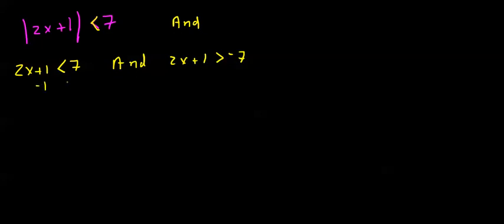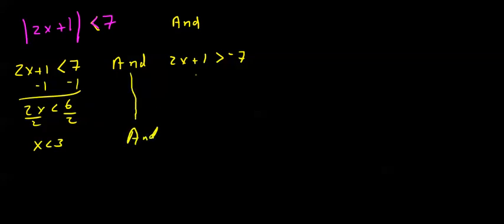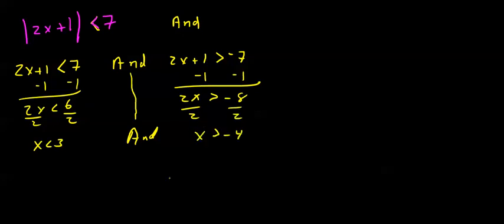So minus 1, 2x less than 6, divide by 2, x is less than 3. And minus 1, 2x is greater than negative 8, divide by 2, x is greater than negative 4. So we graph.